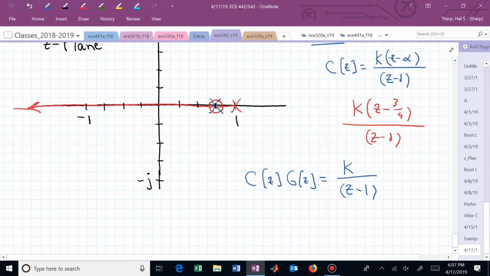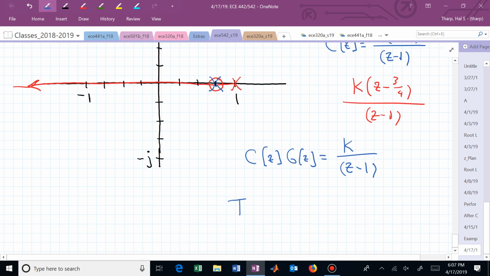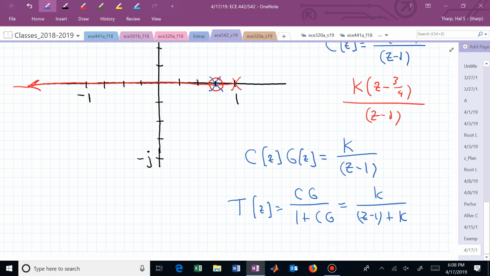And how do you pick k? Or you could actually say, what's my closed loop transfer function now going to look like? That's CG over 1 plus CG, which if you cancel the common denominator in the numerator and the denominator, you're going to end up with your closed loop transfer function being k over z minus 1 plus k.